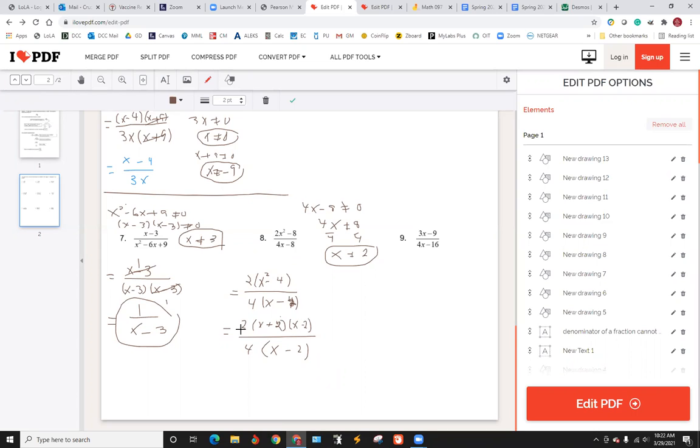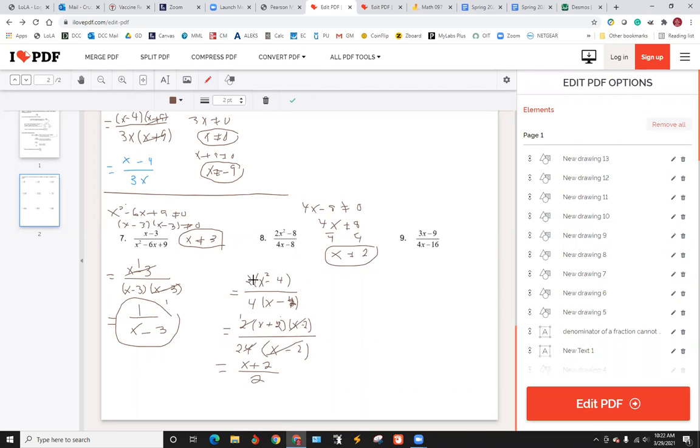But 2 over 4, 2 goes into 2 once and into here twice. So we've got x plus 2 over 2. That's all there is left, because this is a common factor.